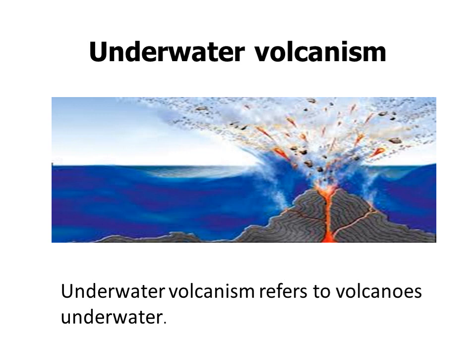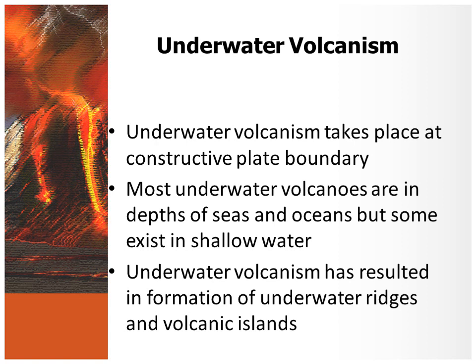The first type of volcanism under discussion in your book is underwater volcanism, and as the name indicates, it categorizes all the volcanoes that occur underwater. Following are the three major characteristics of underwater volcanism. Number one, it takes place at constructive plate boundary.